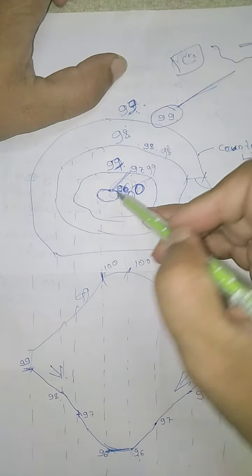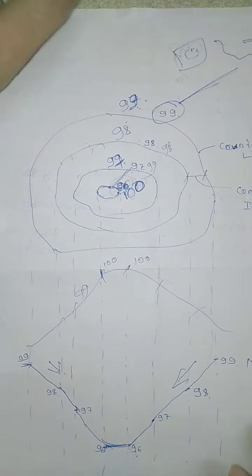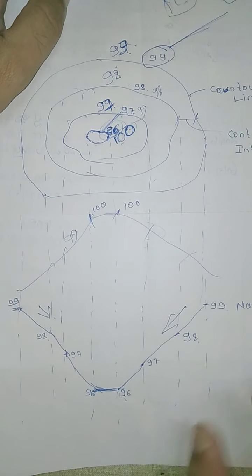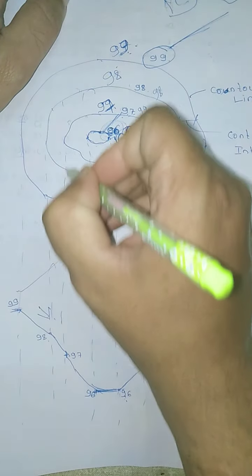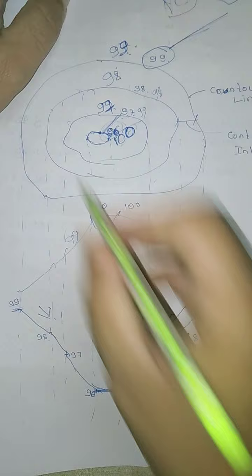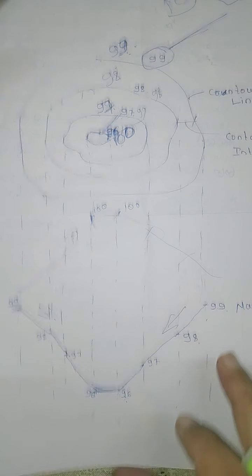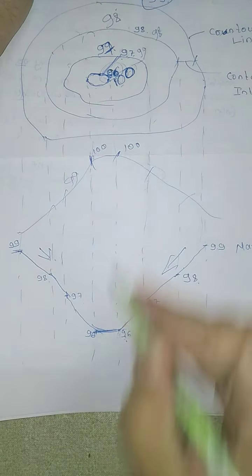Now for this 96, 97, 98, 99, if we want to get the nature of the ground, what we do is draw the cross sections of this, and then we will draw one diagram. Here RL 96 both are meeting over here.